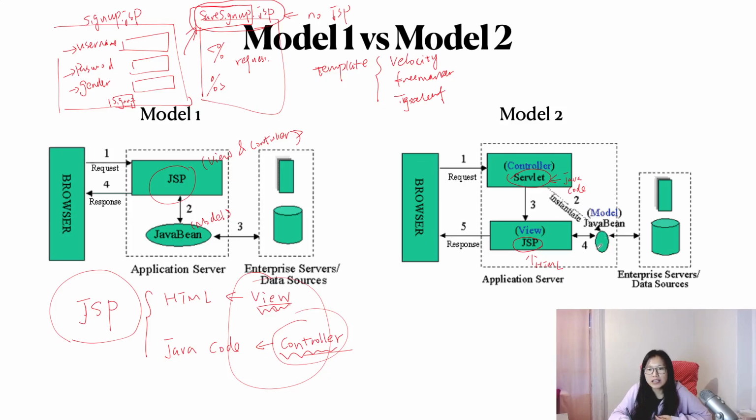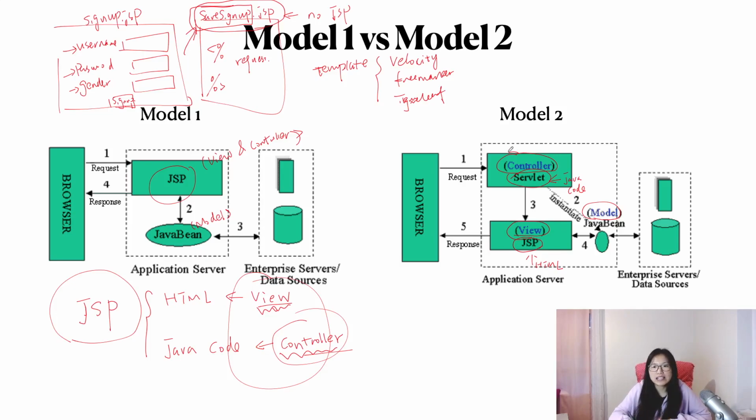So in this case, our JSP acts as a view, our servlet acts as a controller, and our domain model Java Bean acts as a model. The concerns, which are the controller and views, are separated and handled by different servlet and JSP.